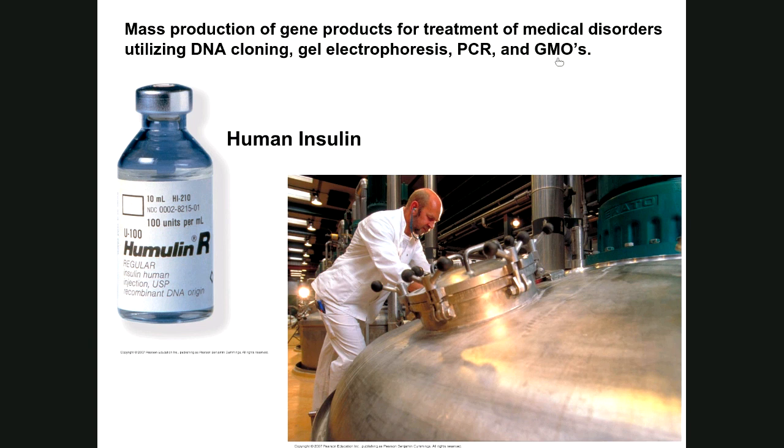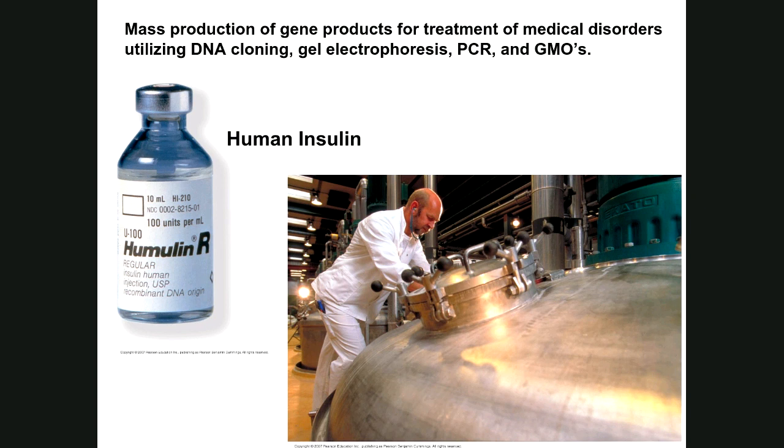And then what they would do is they would take these transformed bacteria and grow them up in large vats of solutions, supporting not only the growth of the bacterium, but supporting the bacterium so they would express human insulin. And these transformed bacteria would produce large quantities or concentrations of human insulin.